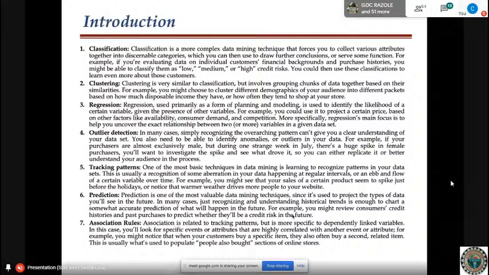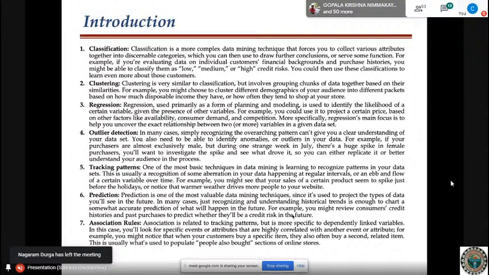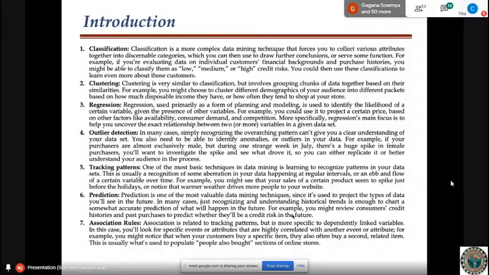In festival season, if a person has a clothing store, such as in a shopping mall, he can reduce the price or make some adjustments to make more sales at that time and bring more profit to his organization. So by identifying these patterns, they can adjust their business. That is what sequential patterns or tracking patterns are.